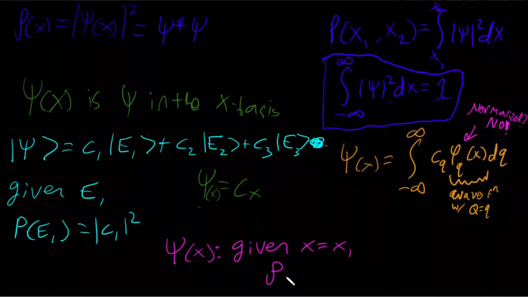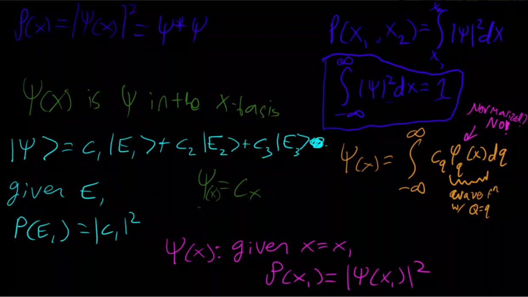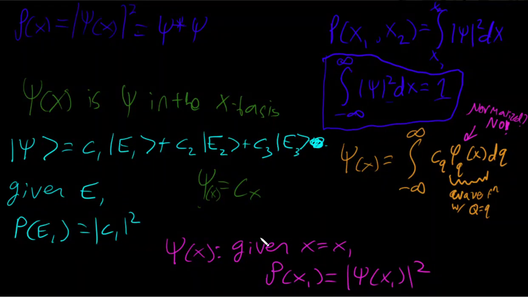We can tell you right away, not the probability, but the probability density of x1 is psi of x1 norm squared, just by looking at it. And so that's why psi of x is actually written in the x basis.